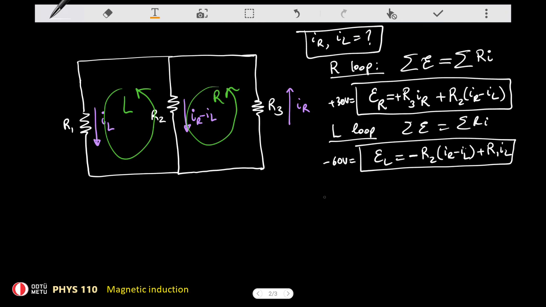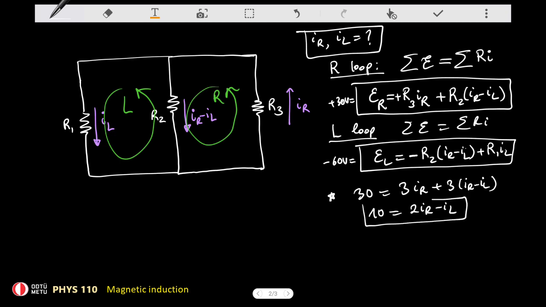The first equation is this: plus 30 is equal to the resistance values R3 and R2, which are both 3. So if I cancel the 3's, I get 10 is equal to 2IR minus IL. That's my first equation, written in terms of the unknowns only.